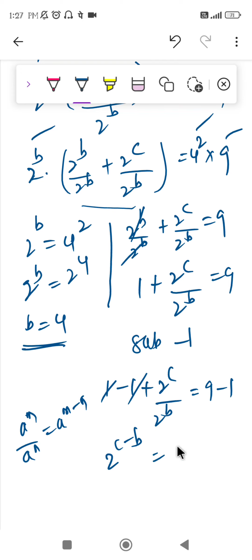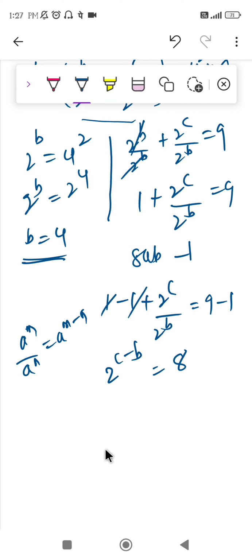So here 9 minus 1 is 8, and this we can write as 2 to the power of c minus b, and 8 we can write as 2 to the power of 3. And here the bases are same, then we can write c minus b is equal to 3.